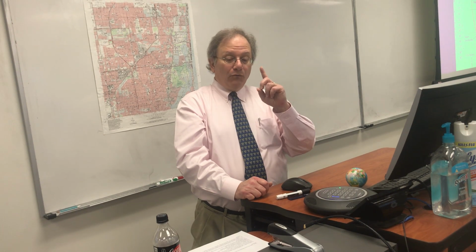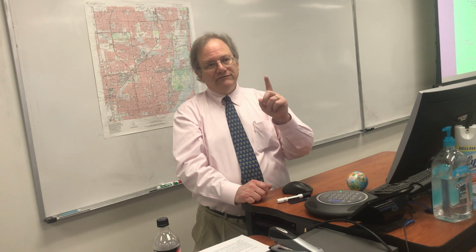In order to ensure that all the UTM coordinates in the southern hemisphere are positive, they assign a 10 million meter false northing for anything south of the equator. So when you specify your UTM zone, you not only have to specify which of the 60 zones you're in, you also have to say whether you're in the northern hemisphere or the southern hemisphere, because the coordinates can overlap, right?